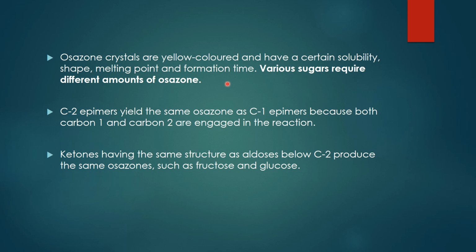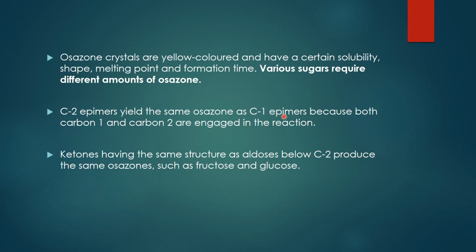Okay, various sugars require different amounts of oxazone. C2, or carbon 2, epimers yield the same oxazone as carbon 1 epimers.